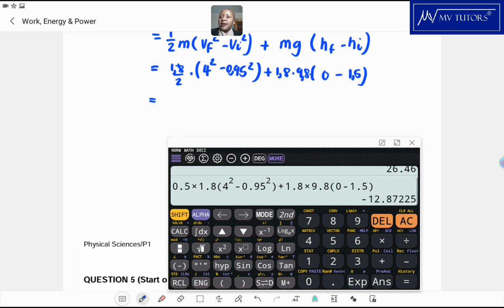And that is equal to negative 12.87 joules, rounded to 2 decimal places. And yes, because friction is opposing the motion, it has to be negative.